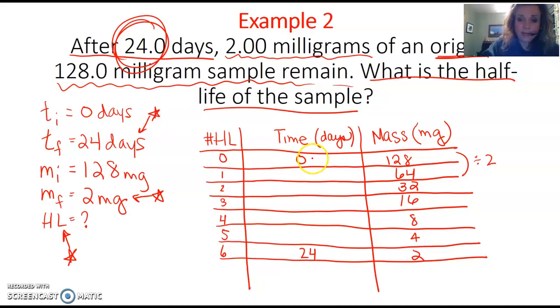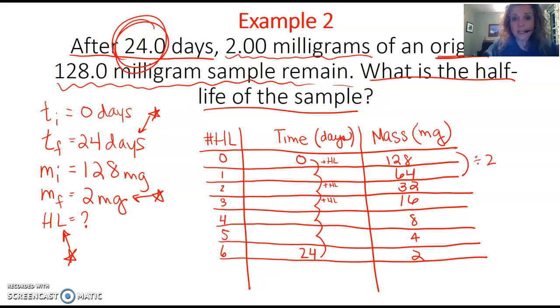So we would have to add the half-life 1, 2, 3, 4, 5, 6.